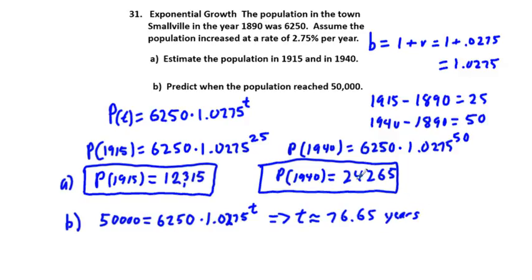And so we're being asked to predict when the population reached 50,000. For that, we're going to take 1890, our starting year, plus 76.65 years, and that's going to be equal to 1966.65.